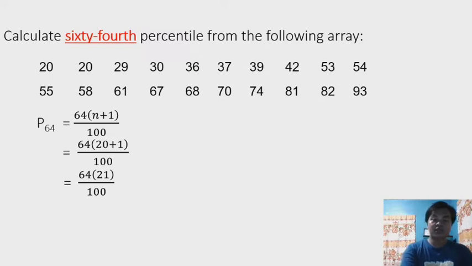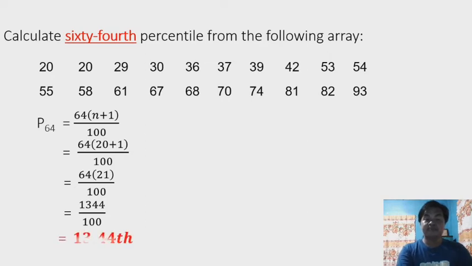Then we are going to multiply 64 sa 21. 64 times 21, the answer is 1,344. 1,344 divided by 100, the answer is 13.44. So, ibig sabihin, ang 64th percentile, base sa data na meron tayo ay nasa 13th item onwards.